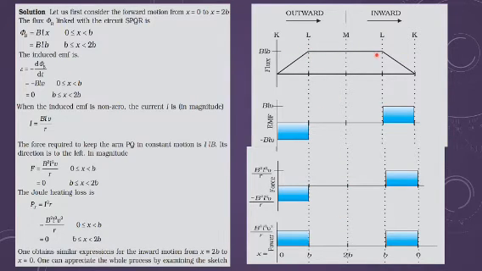Flux changes only when there is a change in the magnetic field. So when you are taking it inward or outward, then only flux will change. And flux is given by B into area.